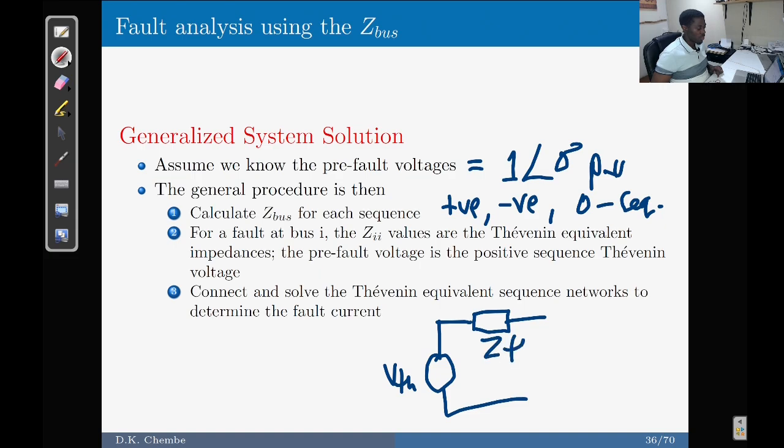So that is the Thevenin analysis system. And then to the terminals here, you can now have the fault impedance connected. Okay, so this is the goal that we have to use to determine these parameters.